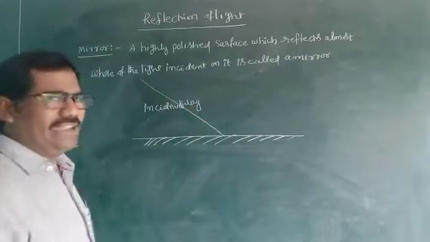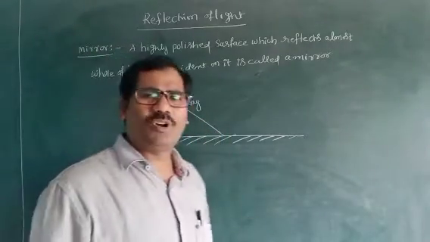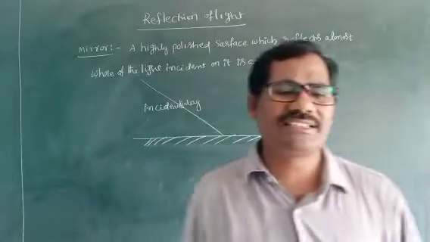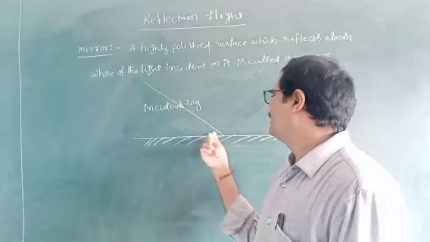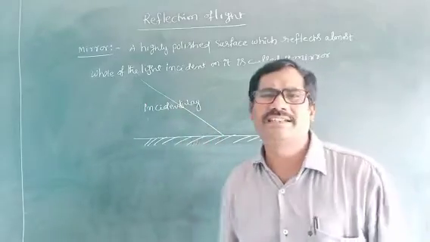A light ray strikes the highly polished surface. It is just striking the reflecting surface, and it is known as the incident ray.